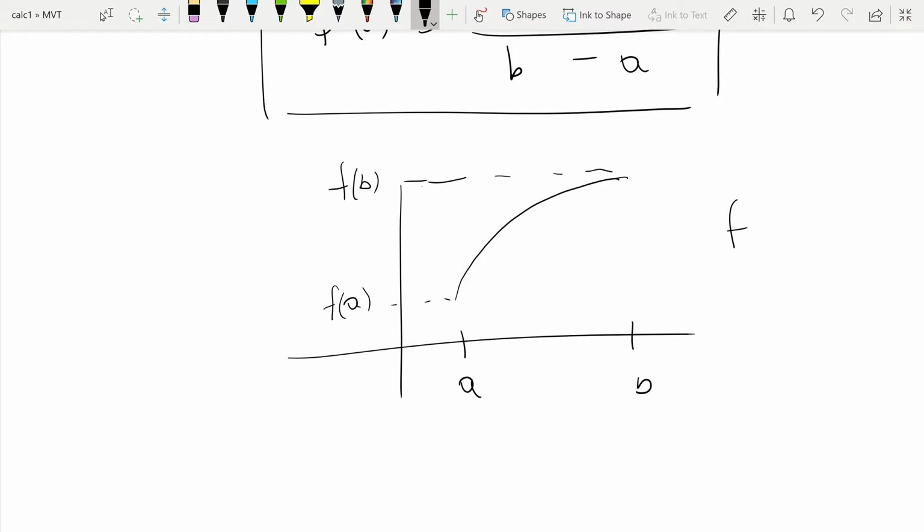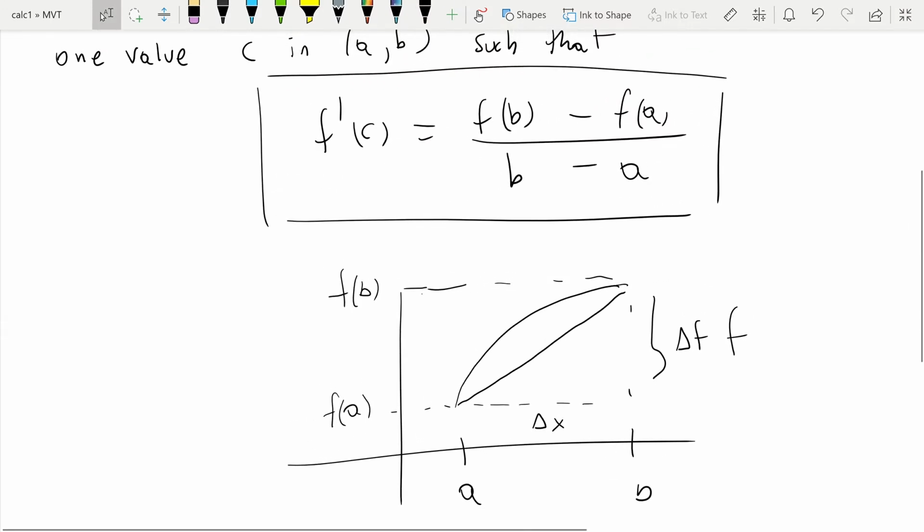Then the secant line is this segment, and you compute its slope, delta f divided by delta x, which is what you find in this formula on the right hand side.